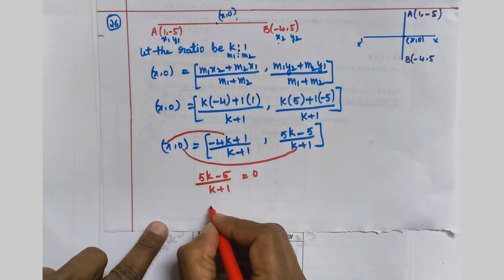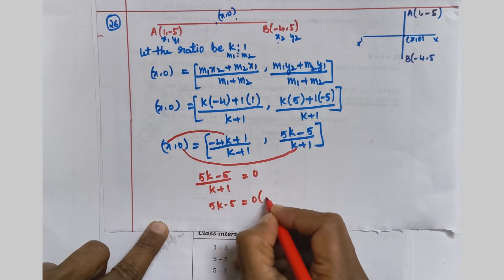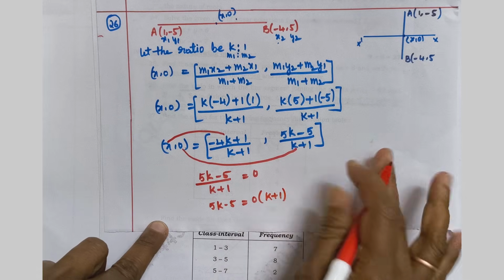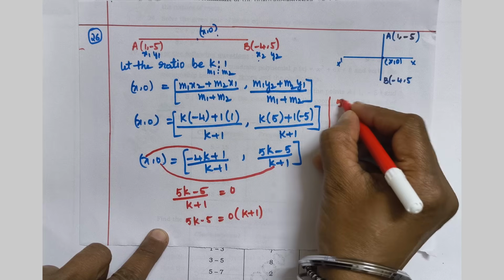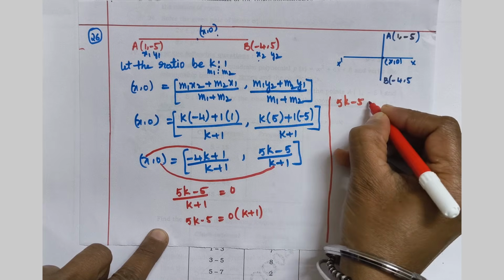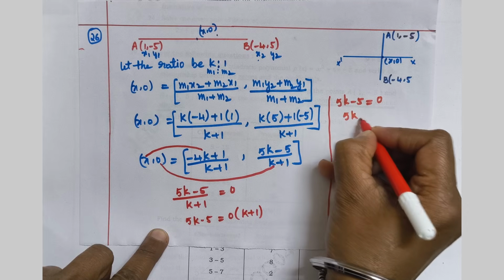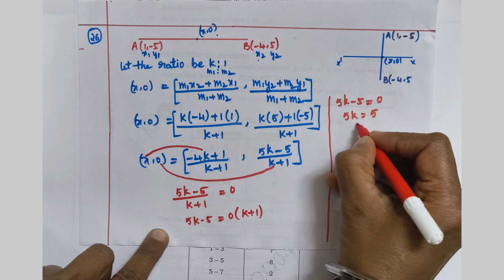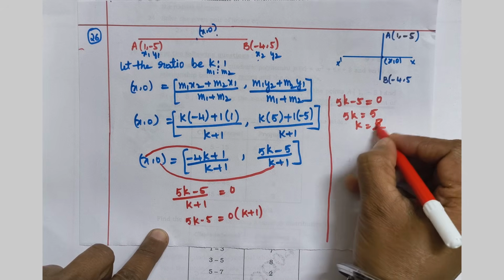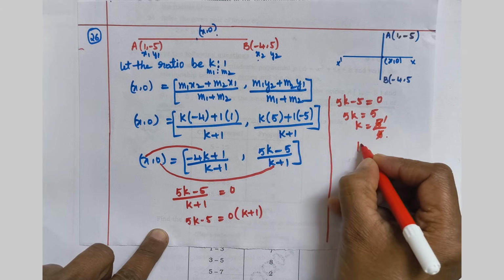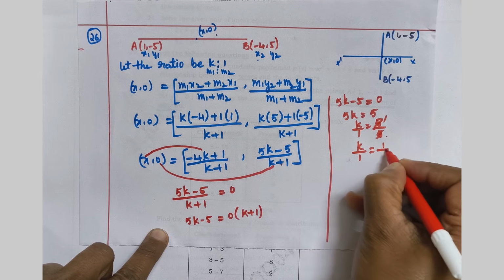So 5k minus 5 is equal to 0 into k plus 1. 0 into any number is 0 only. Now 5k minus 5 is equal to 0, so 5k is equal to 5, k is equal to 5 by 5, which is 1. So k by 1 is equal to 1 by 1.